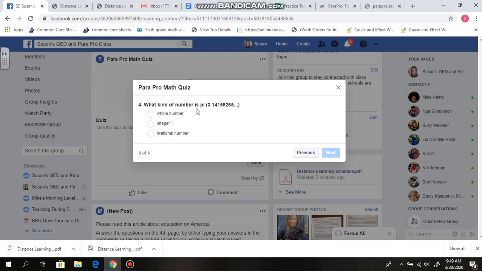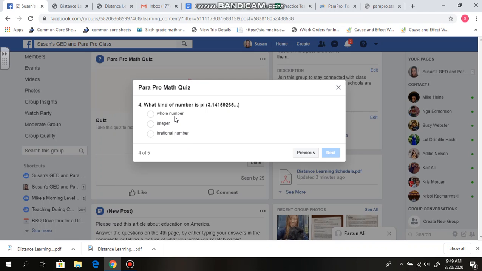What kind of number is pi? So pi is that number that we use when we're trying to find the diameter or the circumference, or the area of a circle. Is pi, that 3.14, and it keeps going on and on and on, a whole number, an integer, or an irrational number?